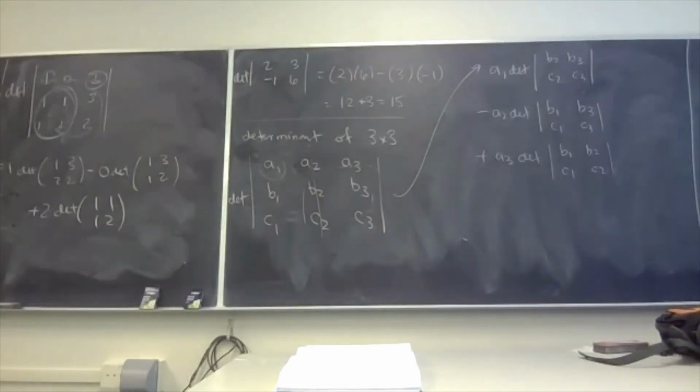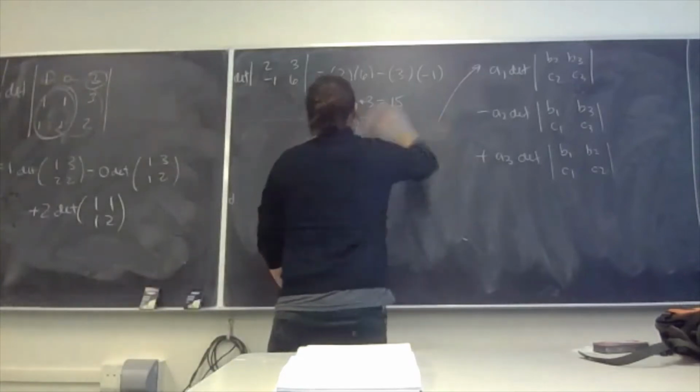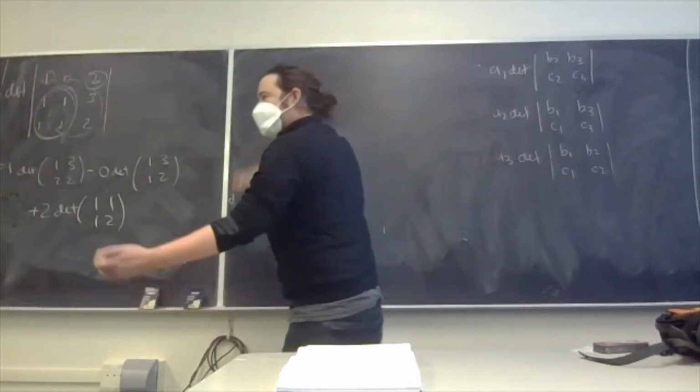I chose 0 on purpose, so I wouldn't have to do this set of computations right here, because it turns into 0. So this isn't hard, it's just annoying. And many of these computations are like this.